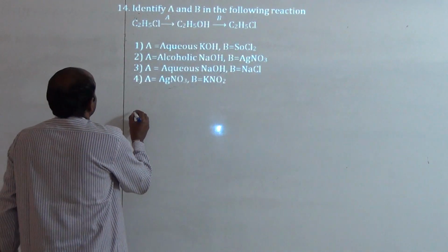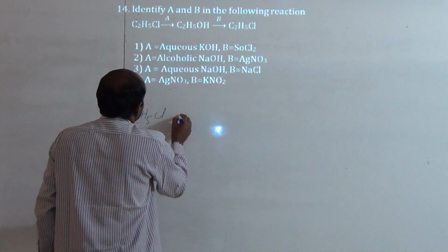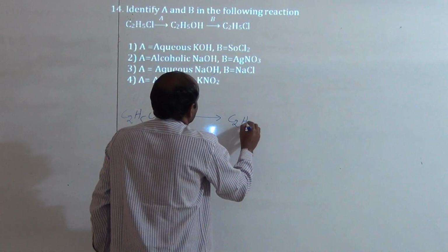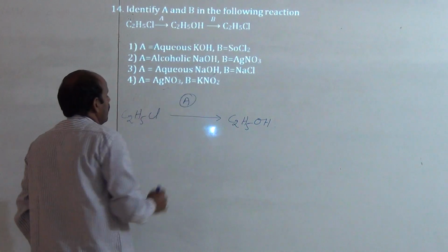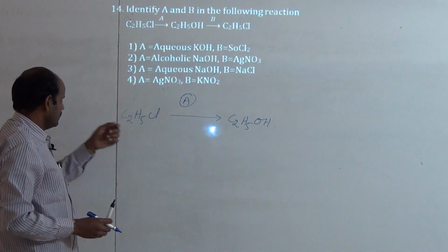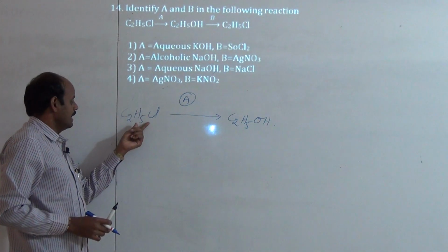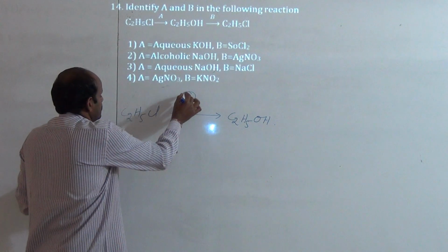Here when you take ethyl chloride, then it gives here C2H5OH. Here some A is given. On which reagent does this ethyl chloride give alcohols? It is the haloalkane, so it is the alcohol. So what is the A here?